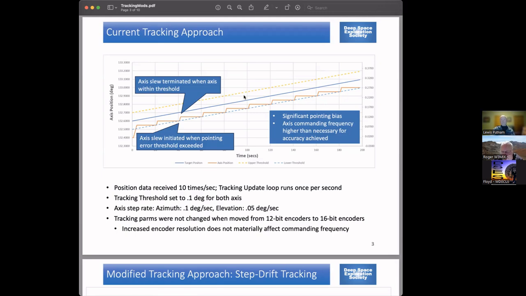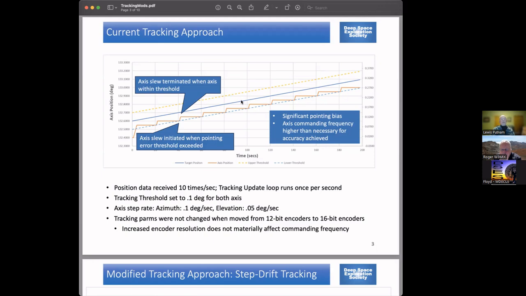Right now, we have the tracking threshold set to 0.1 degree for both axes, and that's the way it's been pretty much from the beginning.